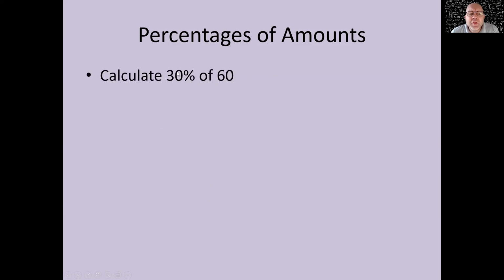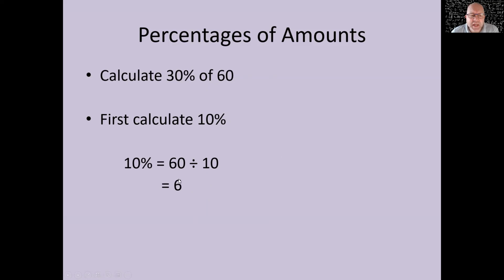What about finding 30% then? Well, 30% isn't one of those common ones that we've looked at, but we can make it by using some of those common ones. First of all, we're going to calculate 10%. That's one of the more straightforward ones. We know that 10% of 60 is 60 divided by 10, which is 6.